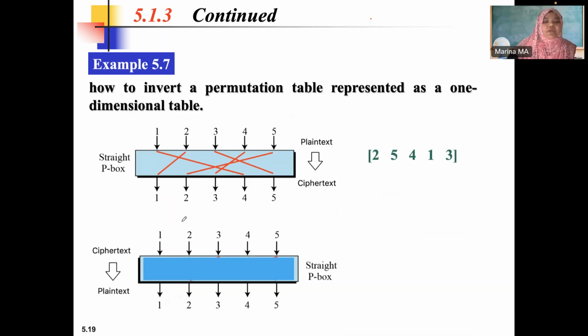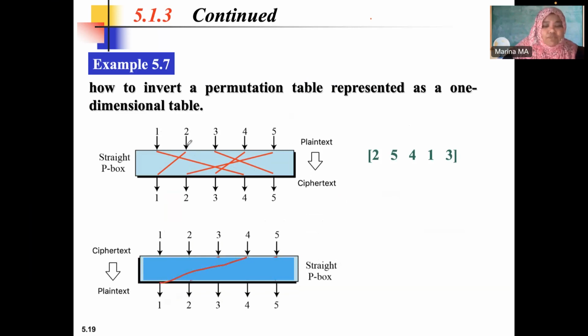All right. Let's do the arrows for the inverted table, inverting a permutation table. If 1 in plain text becomes 4 in ciphertext, then now from ciphertext, 4 becomes 1.